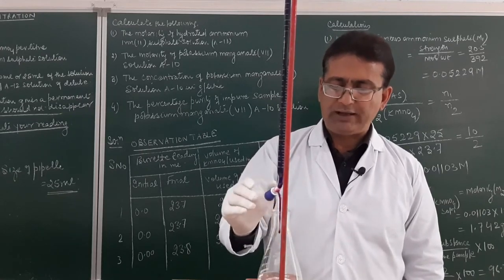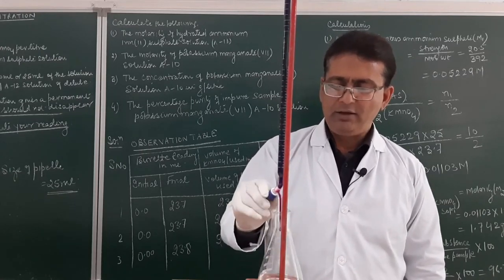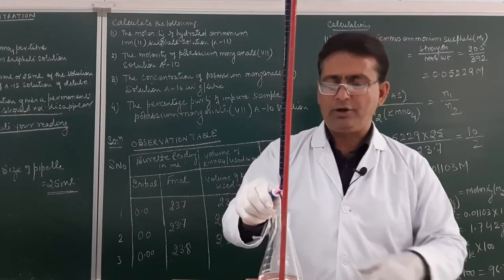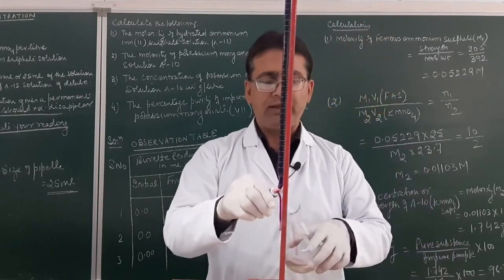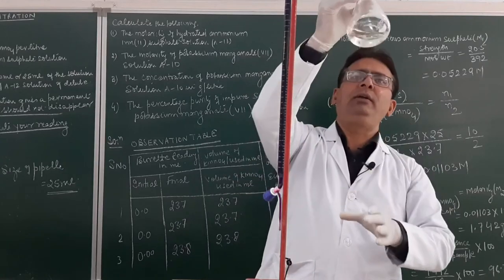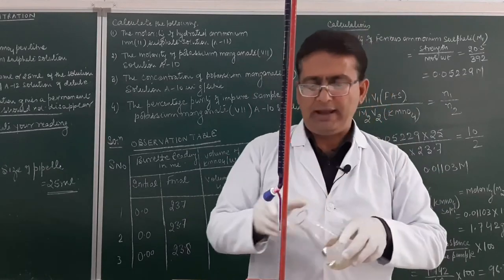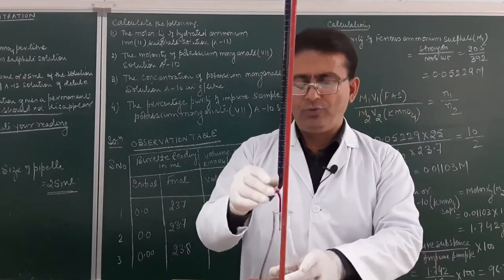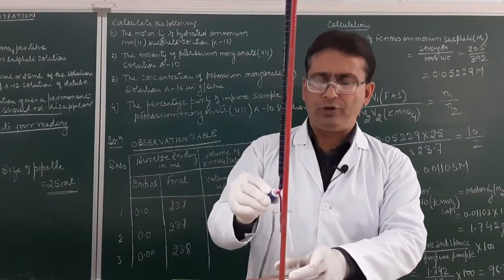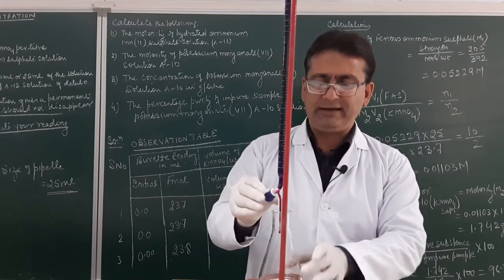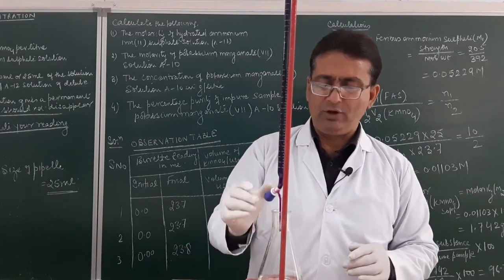You must keep on checking whether the persistent pink color is obtained or not. Just see, is it obtained? I think a few more drops are to be added. So I'll again add a few more drops of KMnO4 solution, so that the persistent pink color will be obtained.